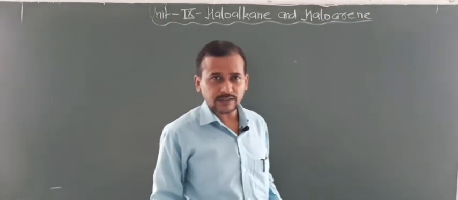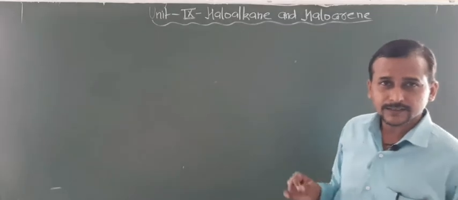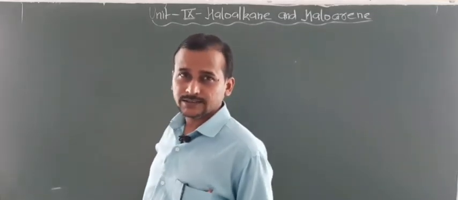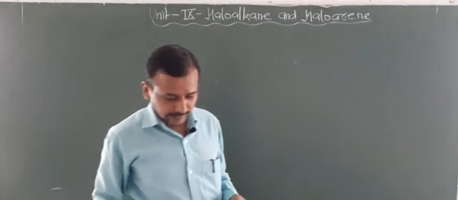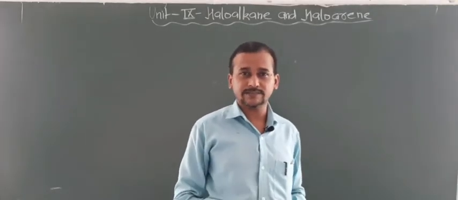One more important thing I told you in the SN1 reaction is that the intermediate is a carbocation. That's why the reactivity will be decided by the stability of carbocations.